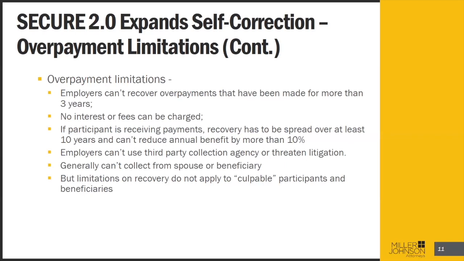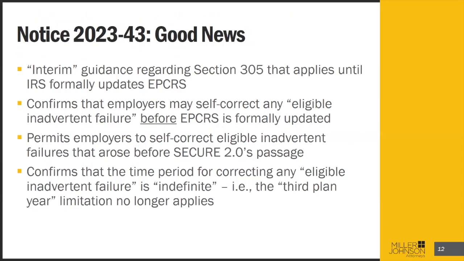And if that beneficiary knew that he or she was not the beneficiary, that person's certainly culpable and these rules wouldn't apply. But sometimes the beneficiary just has no idea. They assume that they were named as the beneficiary. So that's one of those open items that's a little unclear. That really has not been addressed in this new IRS notice that came out very recently.